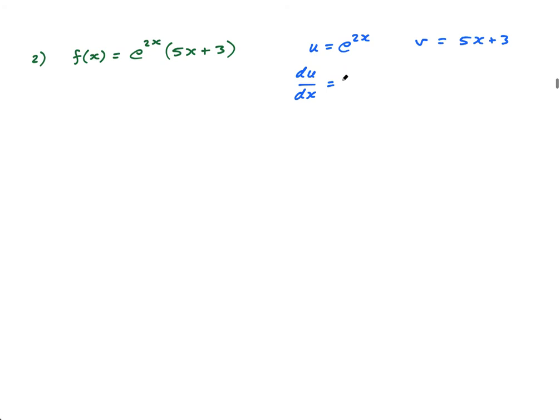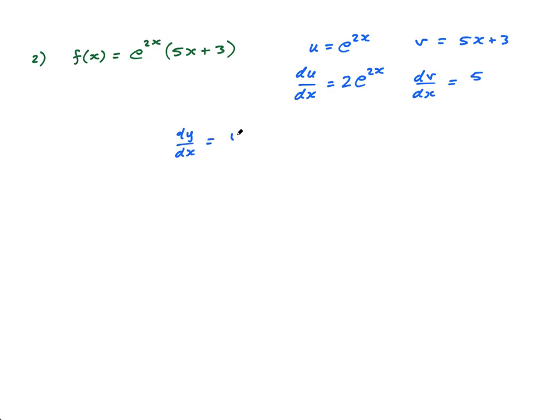And if you are okay with me doing this, I'm going to do 2e to the 2x. I just want the 2 before. But it's e to the 2x times the derivative of 2x, which is 2. So it's e to the 2x times 2, which is 2e to the 2x. And dv dx is equal to 5.